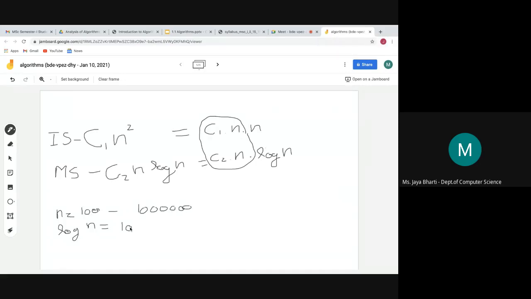What I want to say is that, as compared to n and log n, whenever n is increasing, the log n value will be much smaller. So log n is going to take less time as compared to n for a large n value. If n is equal to 10 lakhs, then log n will be a very small number.